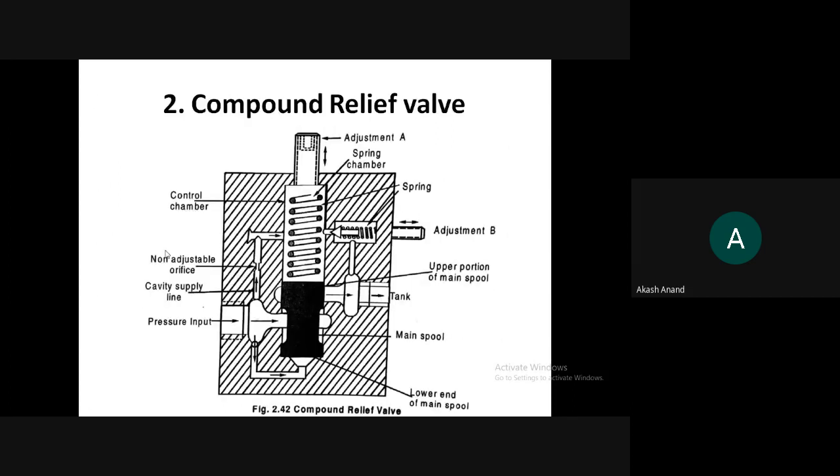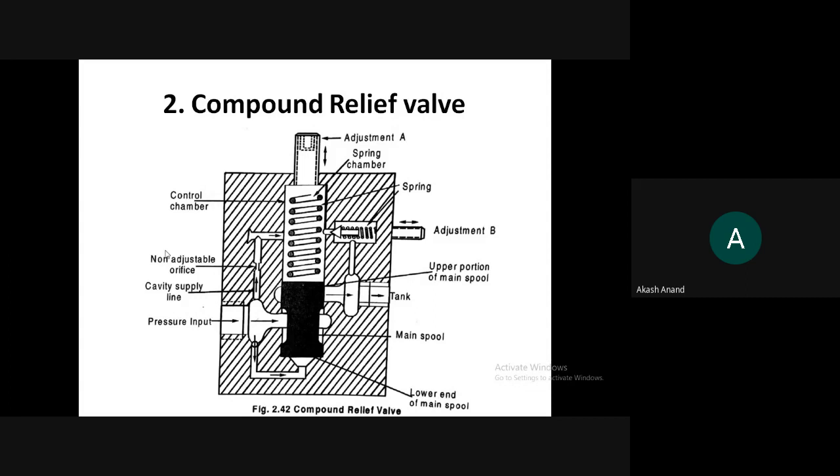So coming on to the next type of pressure valve, you can see it is a compound relief valve. We have to use our logic and the arrangement of different components used here to identify how it is working. You can see different parts like the spring chamber, spring, upper portion of the main spool, the tank, main spool, and lower end of the main spool.